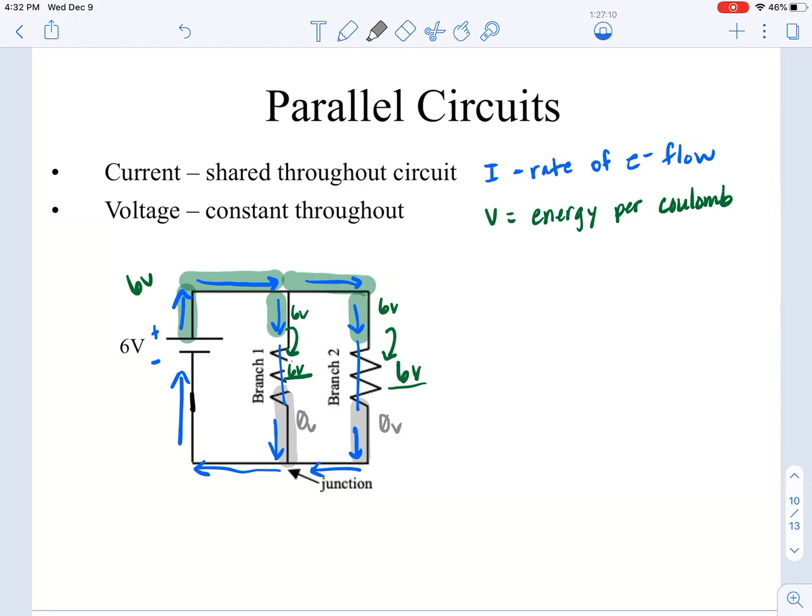So as we look at our electrons returning back to the battery, these electrons are returning empty-handed, these electrons are returning empty-handed. So this entire group, once they get back together, are going to have 0 volts available, and that follows that basic main idea that I introduced in the very first lesson, that the electrons will leave with all of the voltage and return with 0 volts.